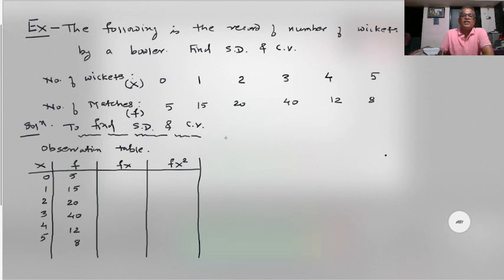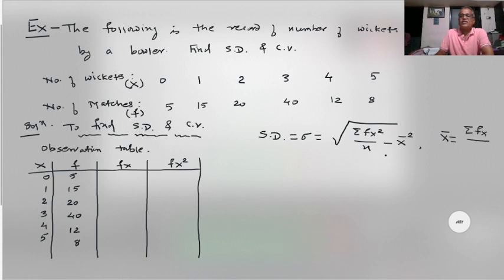So to find the standard deviation and coefficient of variation, we know the formulas. Standard deviation sigma is equal to the square root of summation fx square divided by N minus x bar square, where x bar for a frequency distribution is summation fx divided by N, and we know that capital N is nothing but the sum of frequencies.